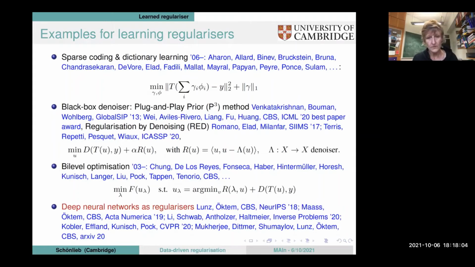And so wouldn't it be great to take advantage of that and turn an off-the-shelf denoiser into a regularization for any kind of inverse problem we want to solve. And this is what regularization by denoising is doing, for instance.